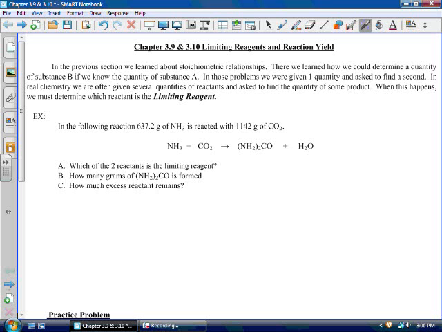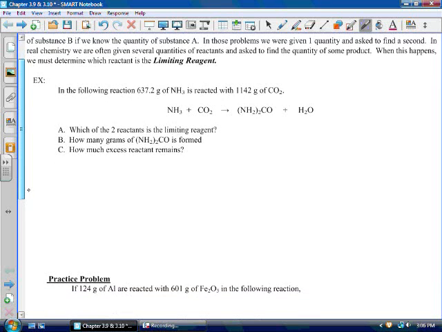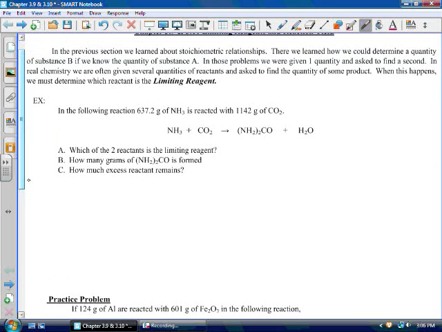So if you're given more than one quantity and asked to find another quantity, you have to take each of those and treat them as a separate problem. So we're going to take our ammonia and our carbon dioxide and treat them as 2 separate problems, and we're going to find the answer in both cases. So before we do anything, the first thing that has to be done is we have to balance this equation.